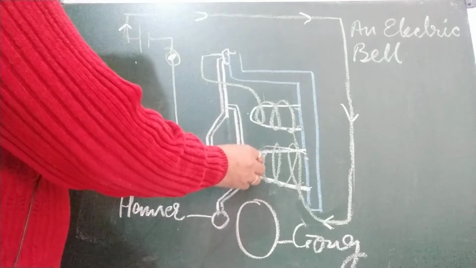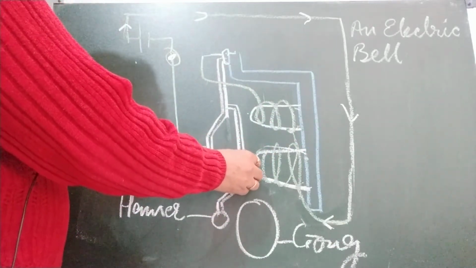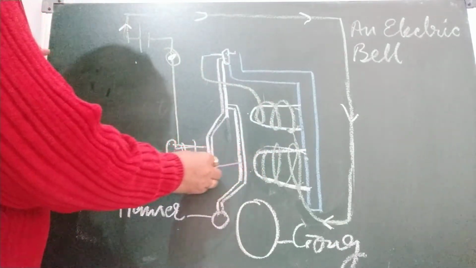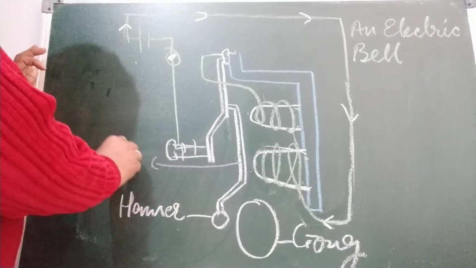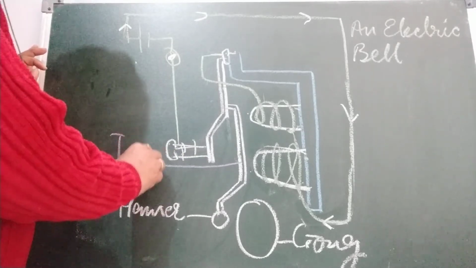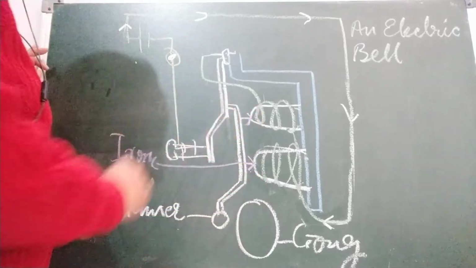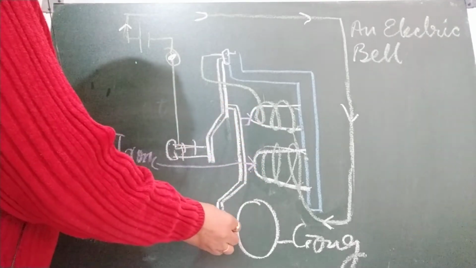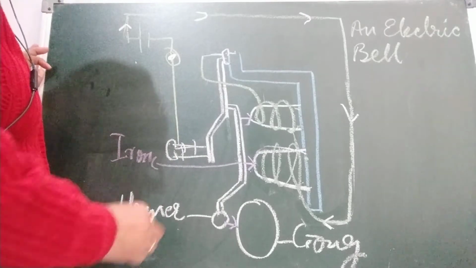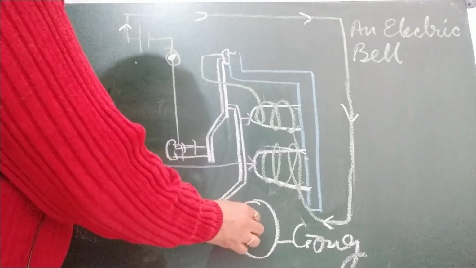When it behaves like a magnet, it is going to attract this iron rod. When this iron rod shifts to this side, it will beat the gong.